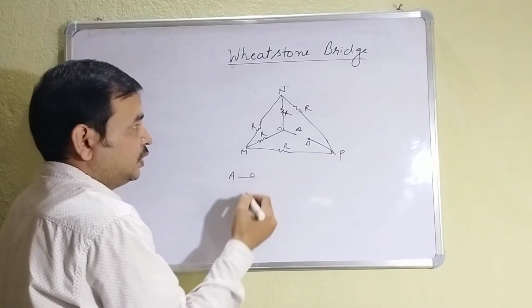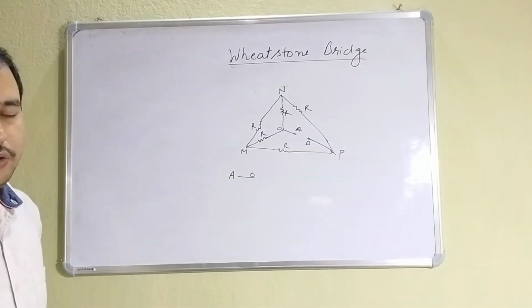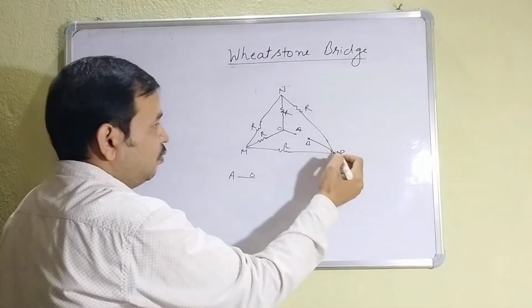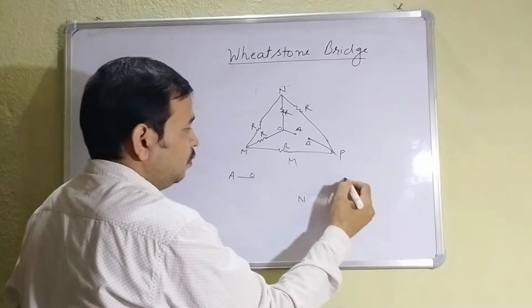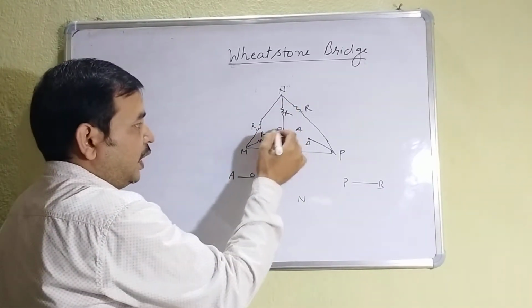A and O both are the same point. Now you start to go from A to point B. So A, O, M, N, P, B. Now between O and M you write the resistor.